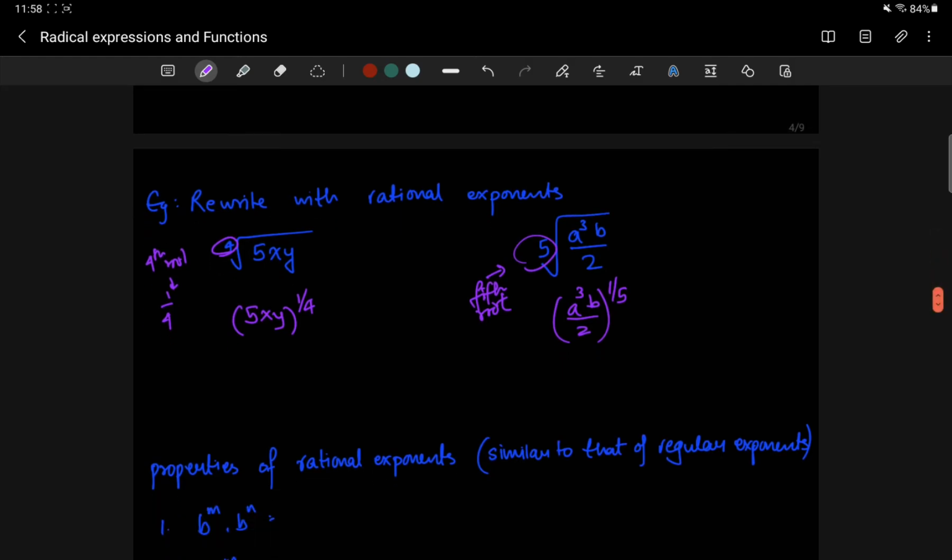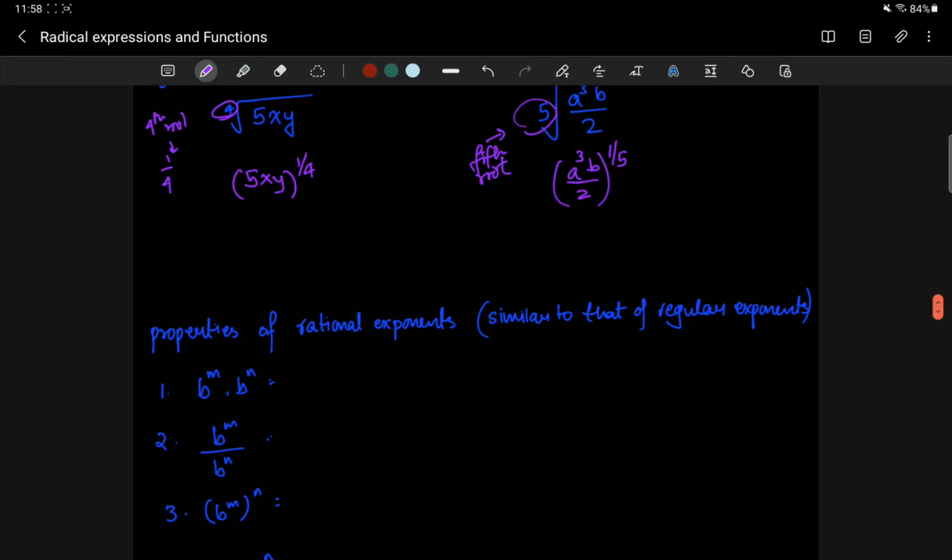Now, the regular exponents have these properties, like x squared times x cubed is x to the 5 because the powers add up. We have similar properties for rational exponents.